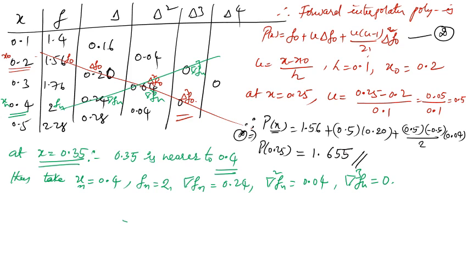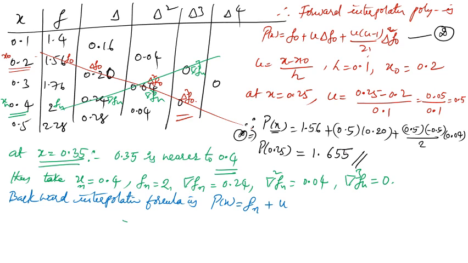Okay, now therefore the backward interpolation formula is p of x equal to Fn plus u into del Fn plus u into u plus 1 by factorial 2 into del square Fn. This is the formula.